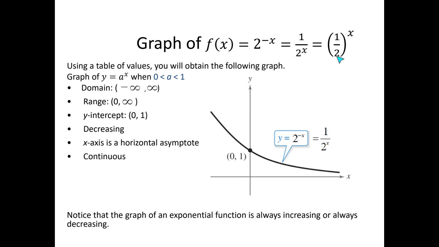And so here you can see that your base, which is a half, is between 0 and 1. Now, if your base is just a number like 2, but you have a negative exponent, then it's still considered a decreasing function because we can rewrite it and the base would still be between 0 and 1.